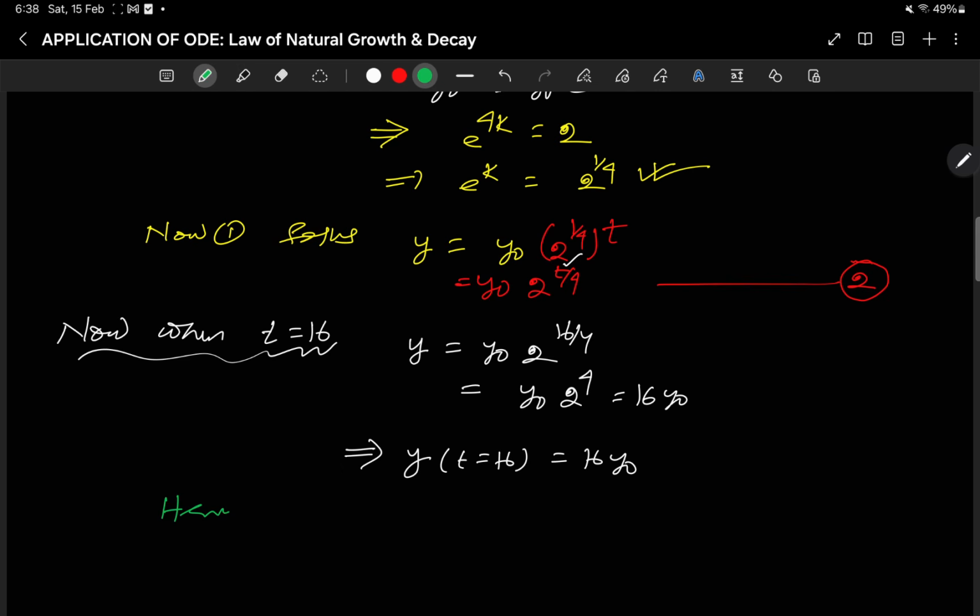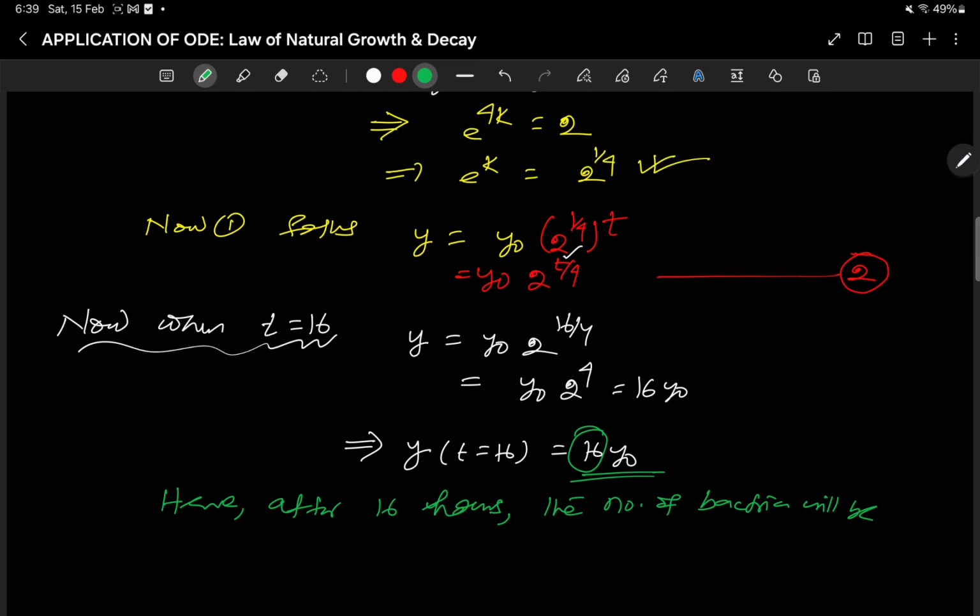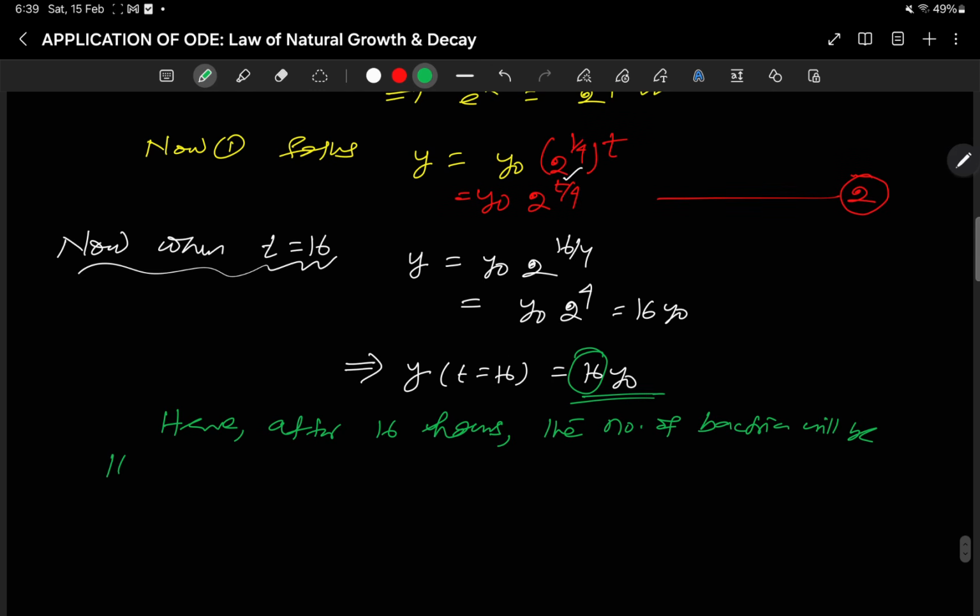Hence after 16 hours, the number of bacteria will be 16 times the initial amount.